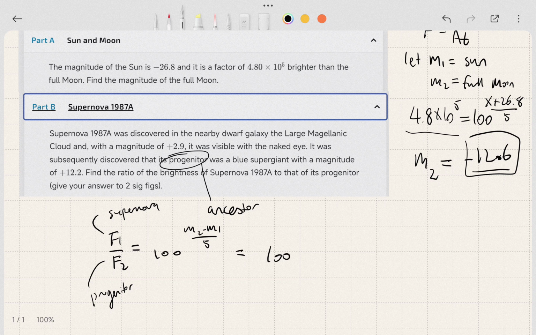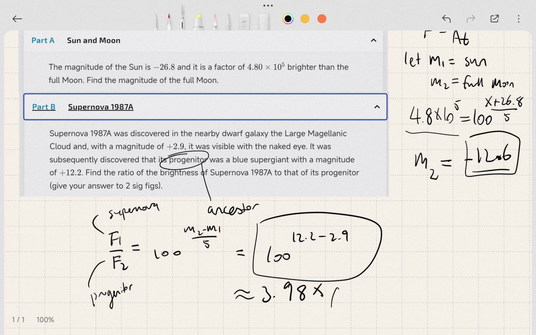That's equal to 100 to the power of M2, the magnitude of the progenitor, which is 12.2, minus M1, which is 2.9. To two significant figures, that's about 3.98, so 4.0 times 10 to the power of 18.